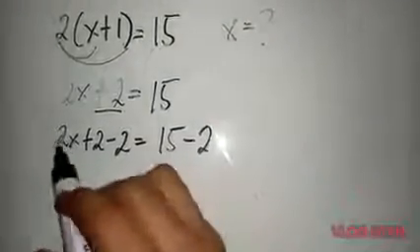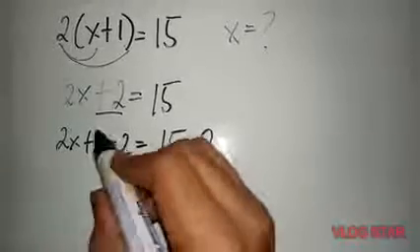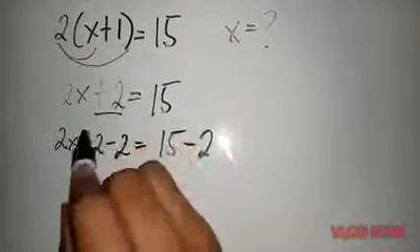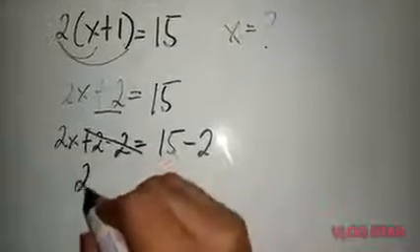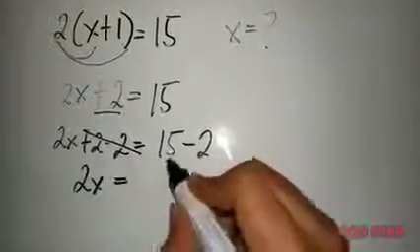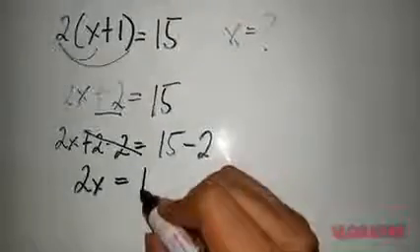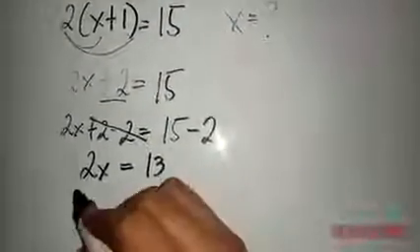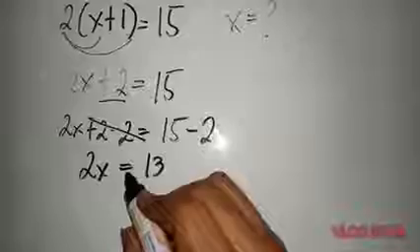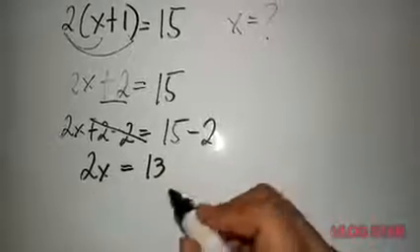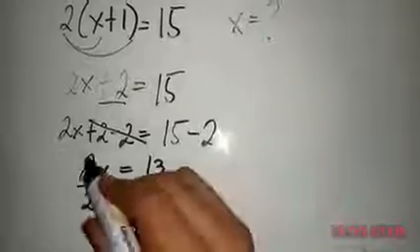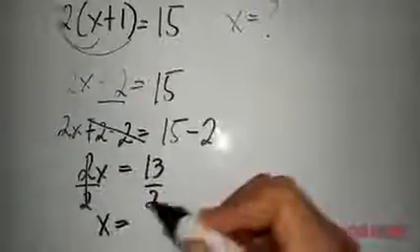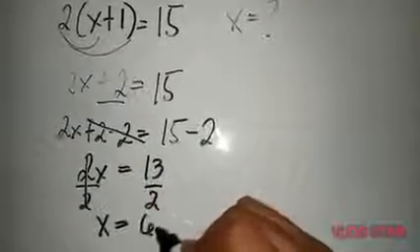Next step, we can cancel this one. Then we have 2x. 15 minus 2 is 13. 2x is equal to 13. To get the value of x, divide both sides by 2. x is equal to 6.5.